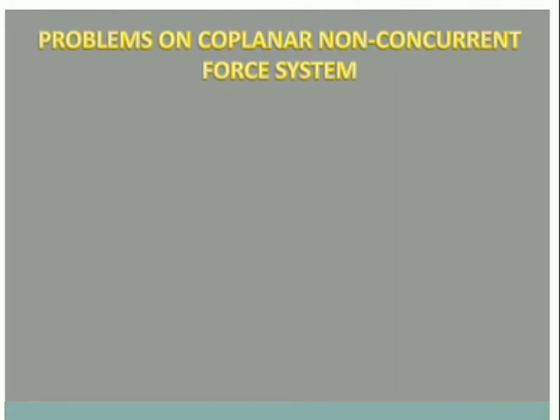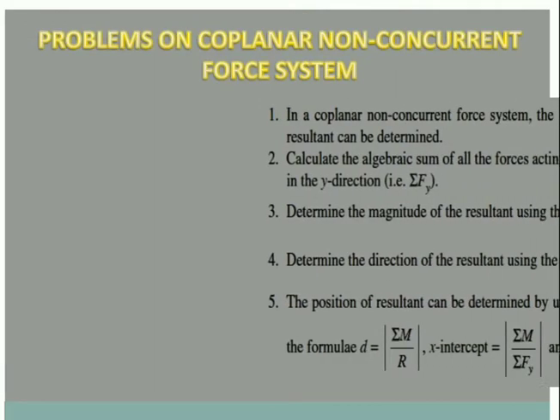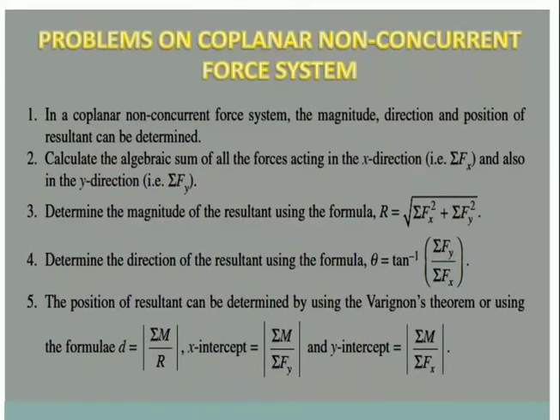Before that, let me brush up once again the points which are required to solve these examples. The first is a general statement which says that in case of a coplanar non-concurrent force system, we can find the magnitude, direction as well as the line of action, or the position of the resultant.